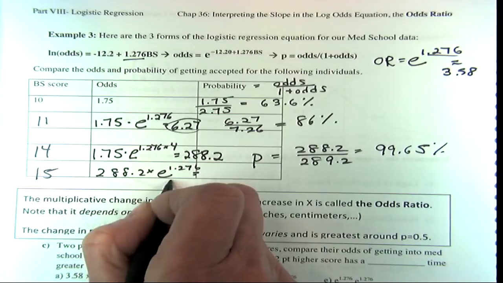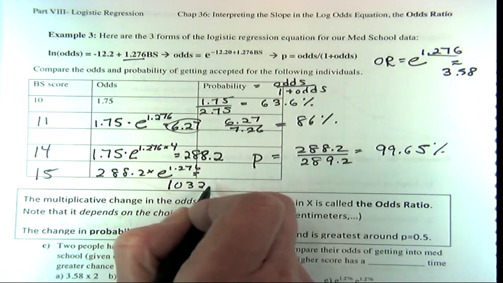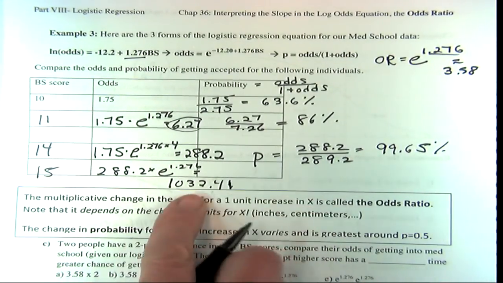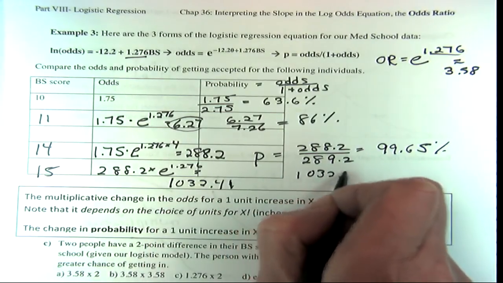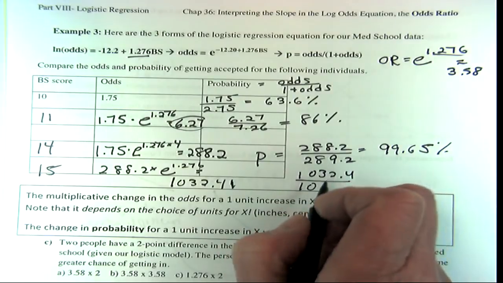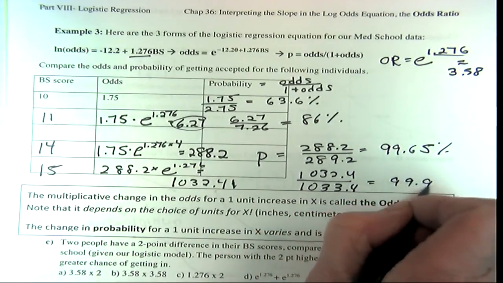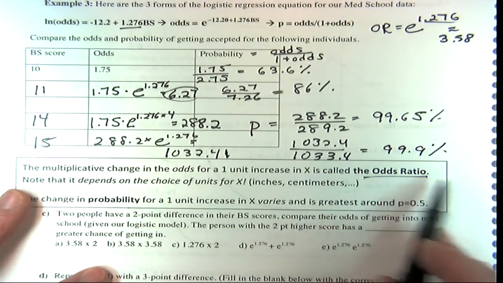And here I would get 1,000, that's huge odds. But you see why it approaches 100%, but it's never going to get past 100%, because you're always going to have one more in the denominator. And that's 99.9%.